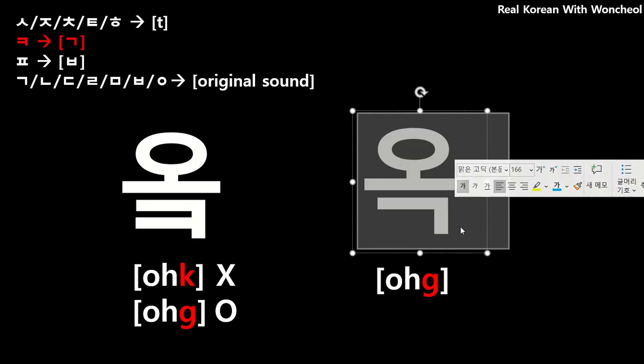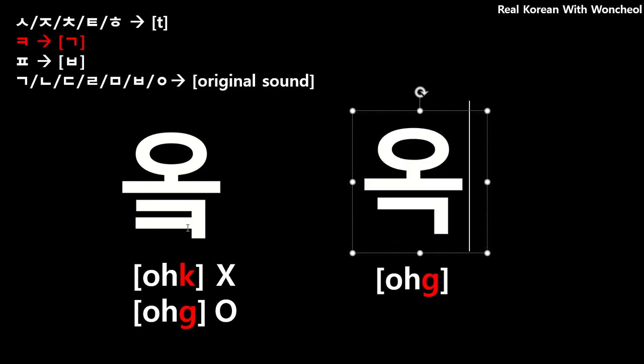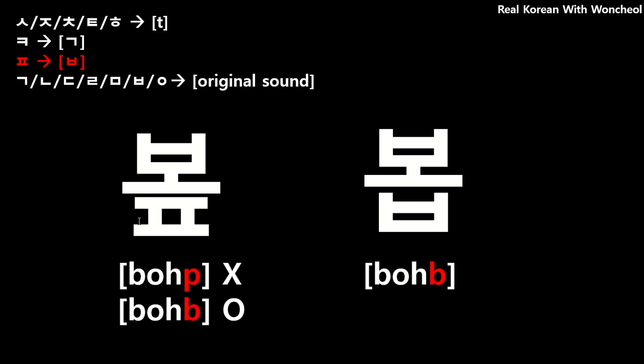This one and this one, they're written differently, but they're pronounced just the same. 옥. And this one, P sound originally, and this one, P sound, right? But as a final consonant, they are pronounced just the same. 복. All right.